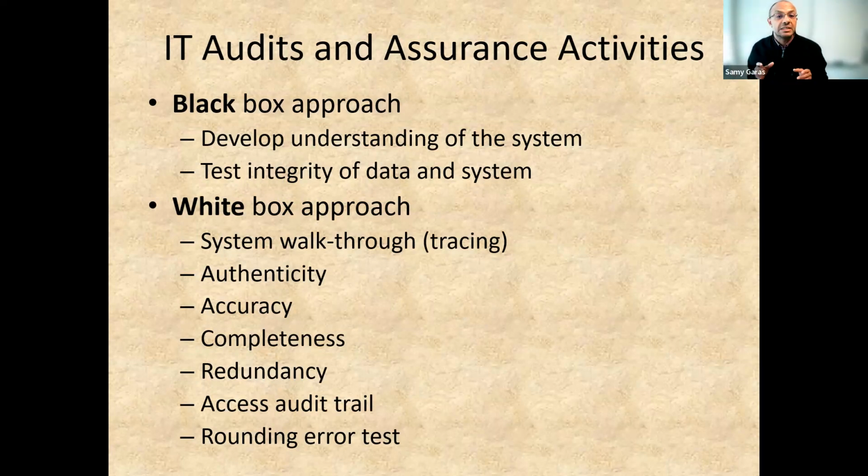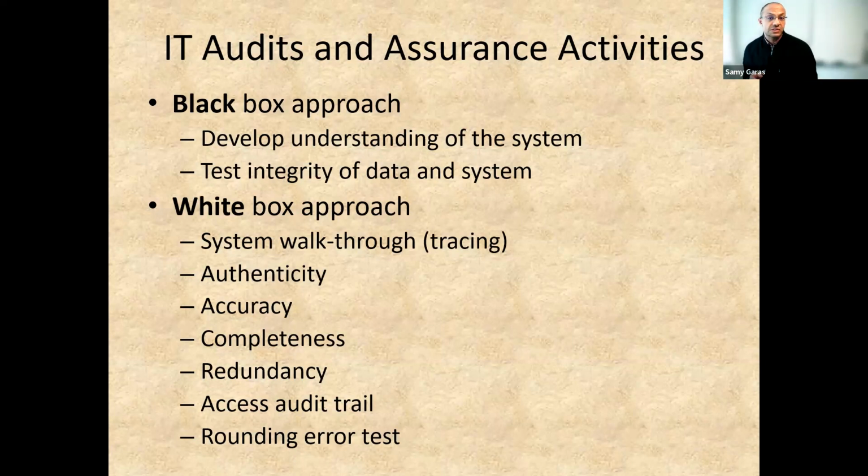And here the auditor or the fraud examiner can use two different ways. The first one we call the black box approach. This approach is used by the examiner to check that there is a control over the data. The white box is, as you can see from the name, a lighter approach, which means the system is good, but we just need to check.